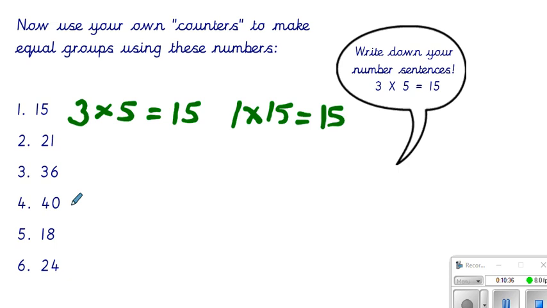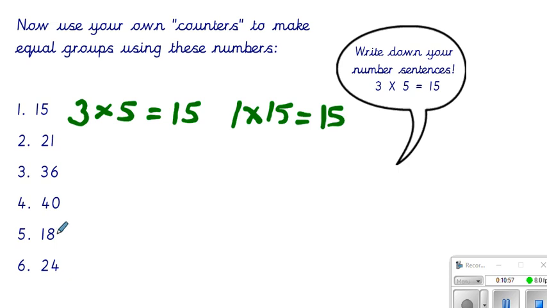40. Well, 1 times 40. 2 times 20. 4 times 10. 5 times 8. And I've lost track now. See if you've got any more written down and see if they make sure they work.